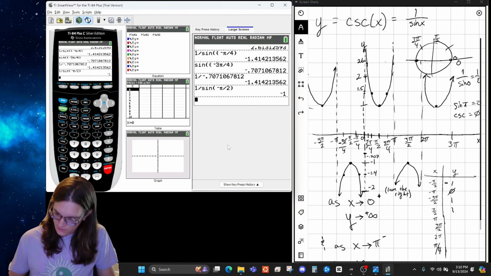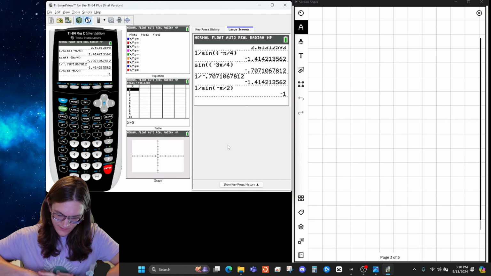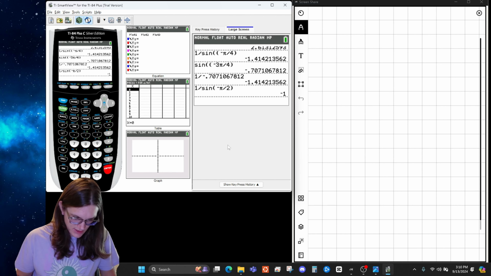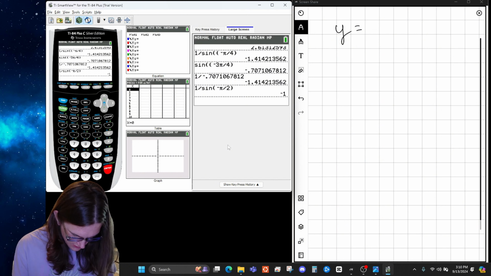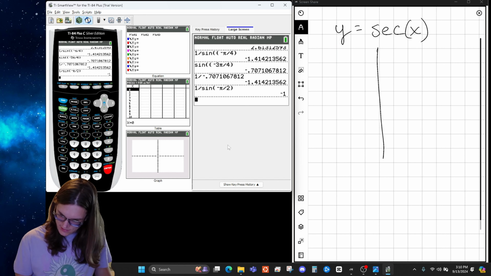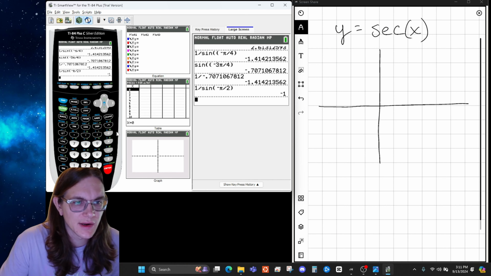So now that we've done the semi-less caveman way, what did I do? Sine, cosine, tangent, cosecant. Let's just do secant by using the calculator to our full advantage, right? So if we want to plot this, I'm not even going to label any of the axes. I'm going to just go right into my calculator.